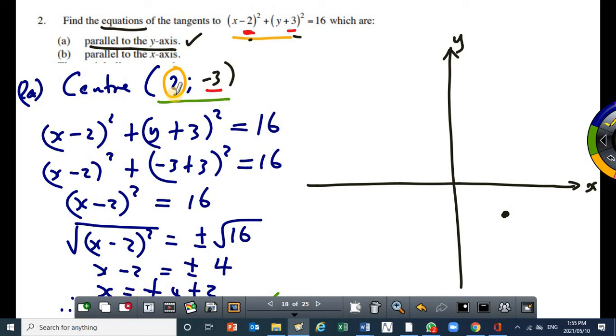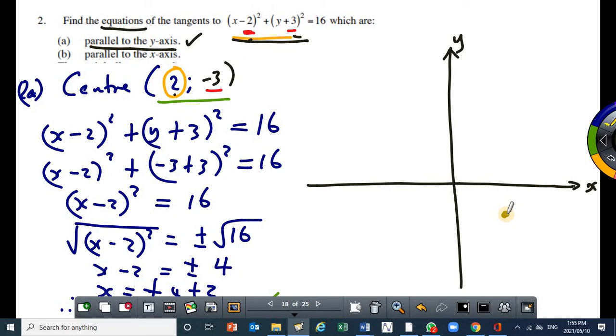At this stage, I expect you to know how to determine the center of a circle if the equation is written in that form. Now, that point will be in the fourth quadrant, because it's only in the fourth quadrant where x is positive and y is negative.